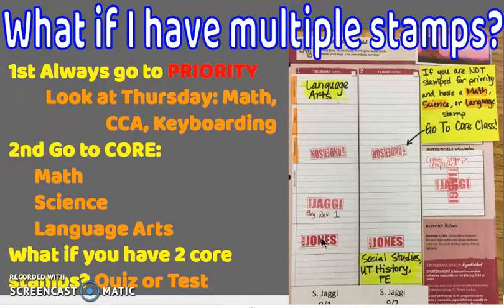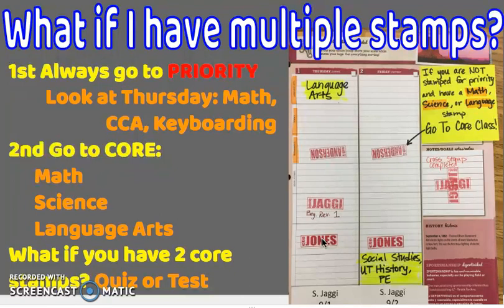And again, as we start this process, if you have questions about these things, ask a teacher, ask an administrator, ask a counselor, ask a secretary in the main office so that you are not confused as to where you're supposed to be during reach. We want you where you need to be so that you can get the most benefit from that. So if you have a multiple stamp, we're going to go in this order.